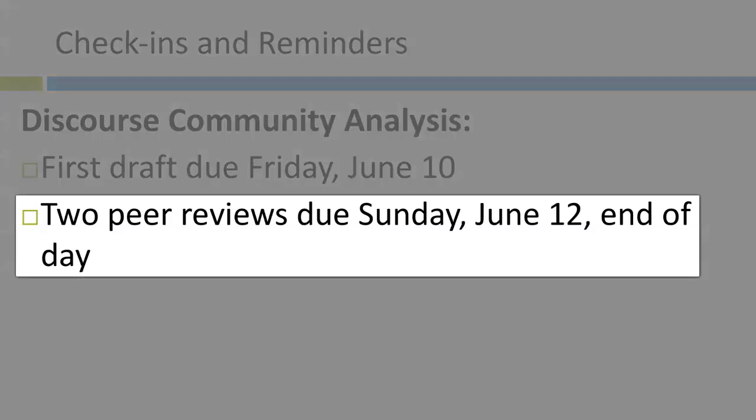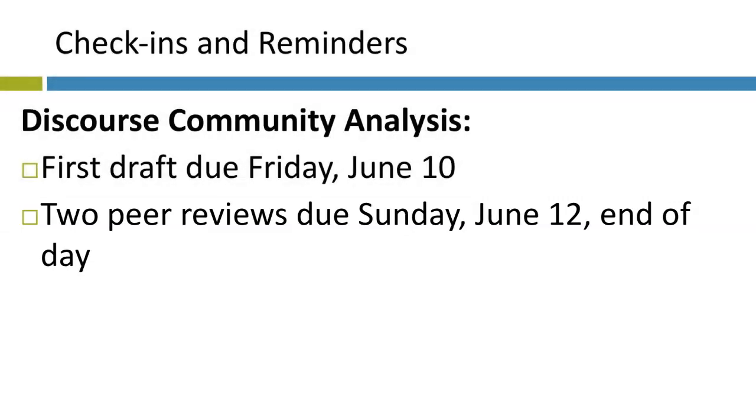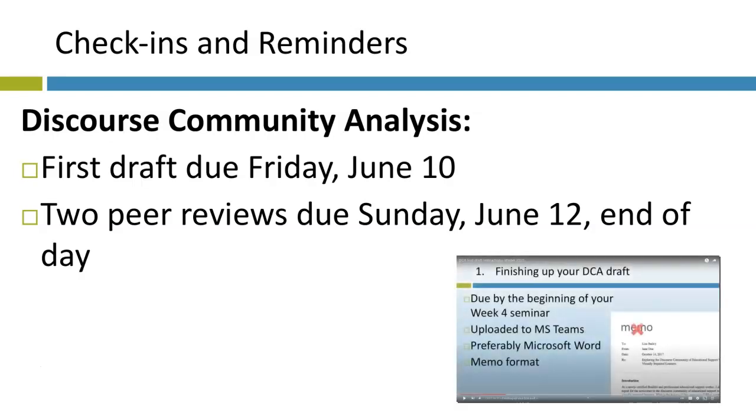The next step is that you will have until Sunday, June 12th at the end of the day to complete and submit 2 peer reviews of rough drafts of other people in your class. And part of what we're going to be talking about here today is the process we'll be following for that. And by the way, there is also a separate YouTube video that I've created that goes into more detail about instructions for doing that.